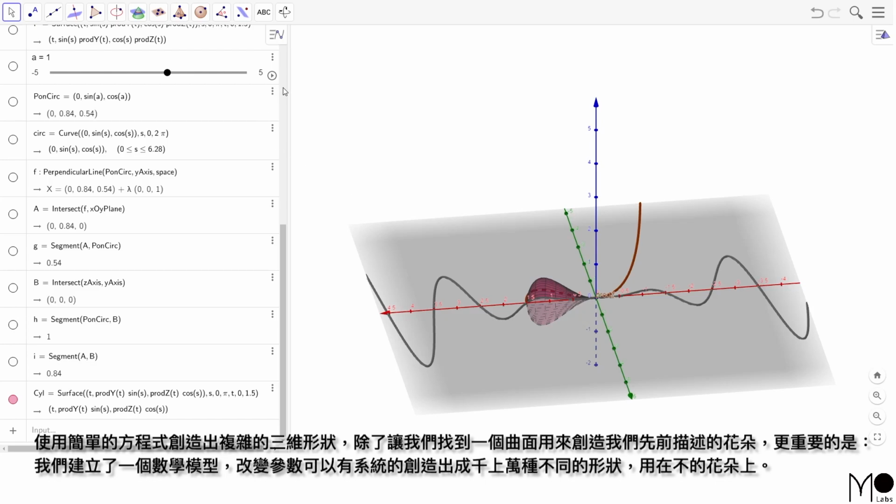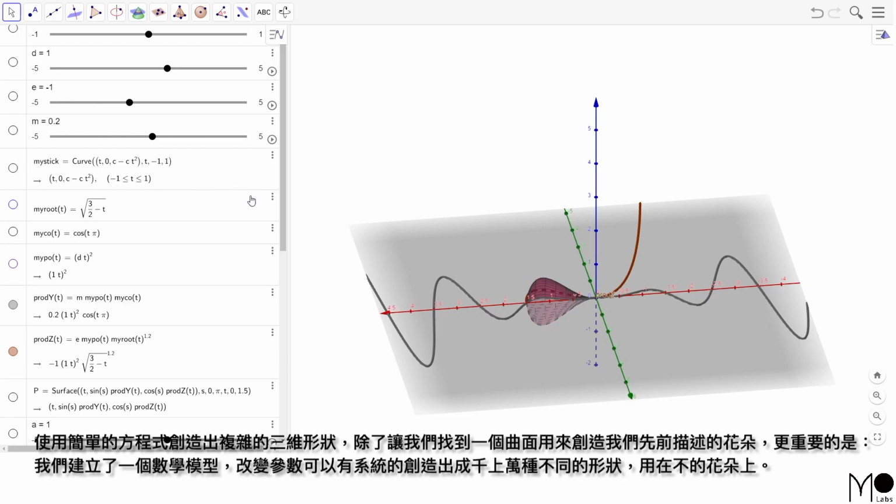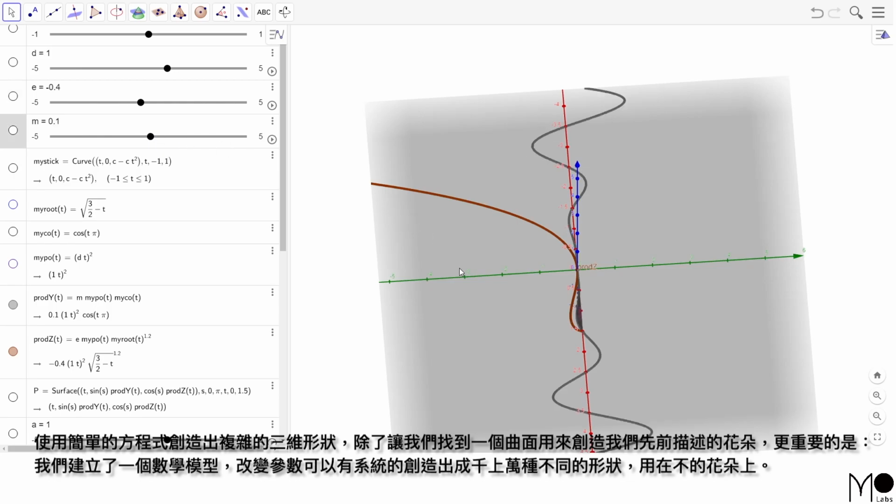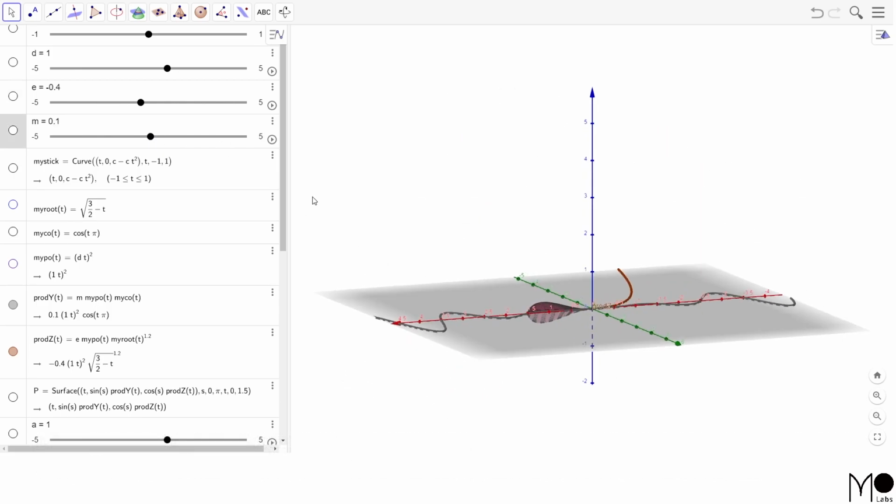And the advantage now of having this modeled as a math formula is that it's not only nicely curved, but we have parameters to vary, so we can model tons of different kinds of petals for different flowers, just varying the parameters.